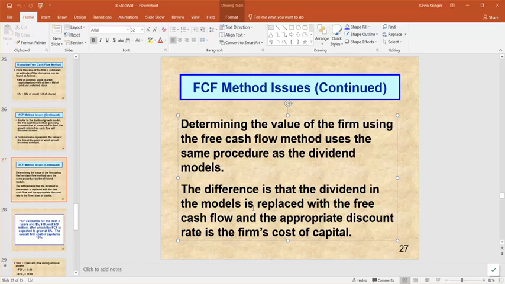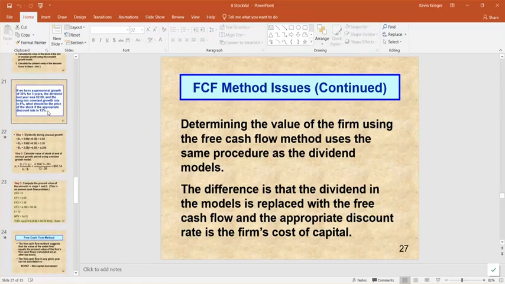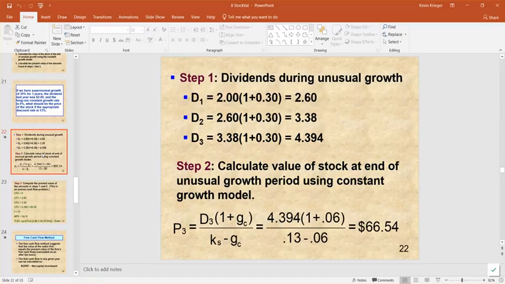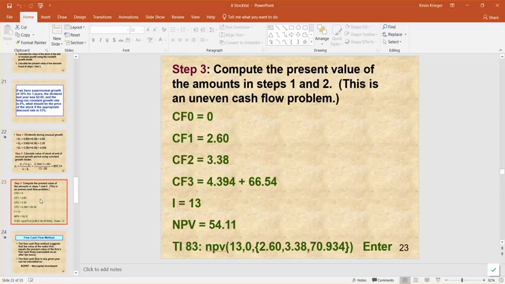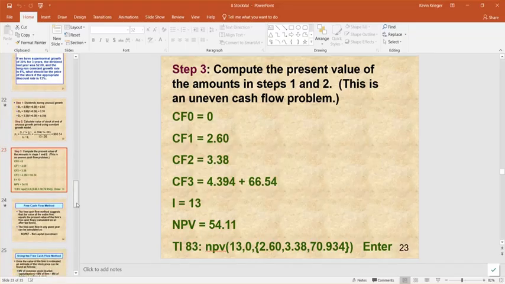Free cash flows are used to both pay back debt and buy back preferred stock, as well as to value common stock. That's a long way of saying that when you're only dealing with dividends, we were using KS in the valuation here. That's the discount rate. And KS is only relevant, it's only the return on common stock.